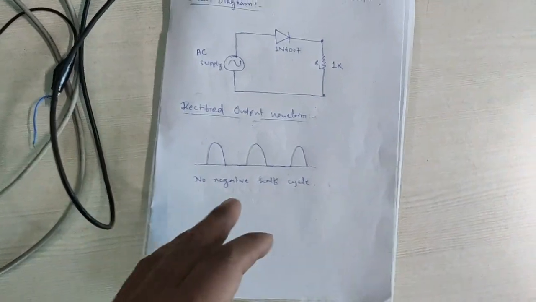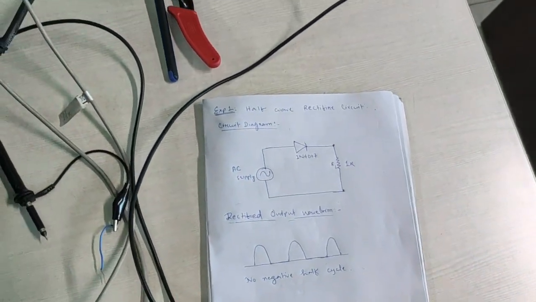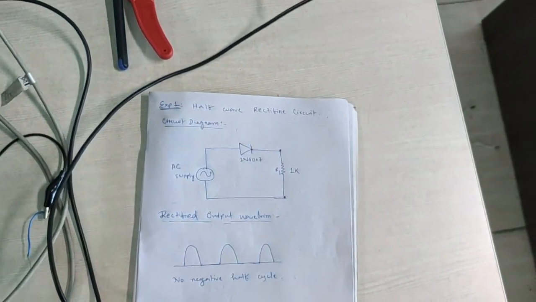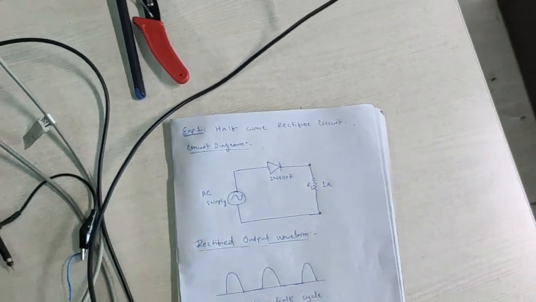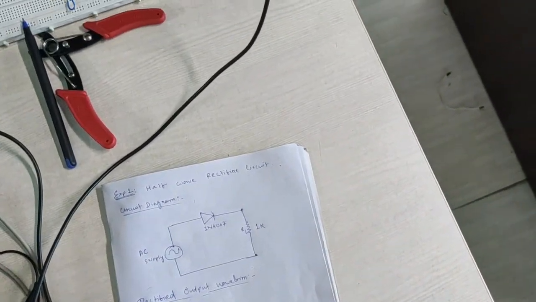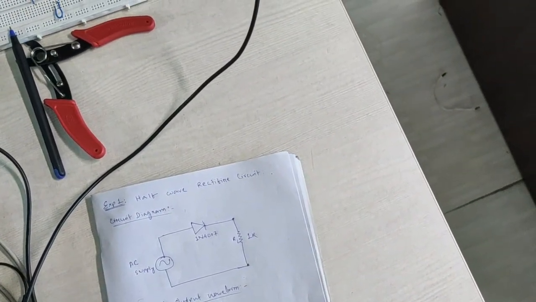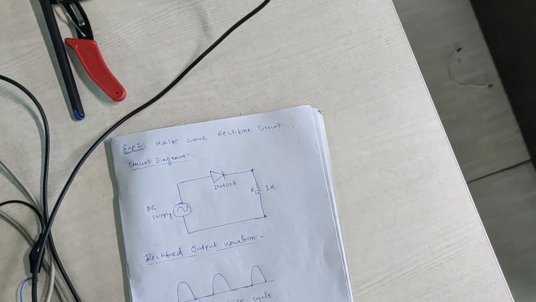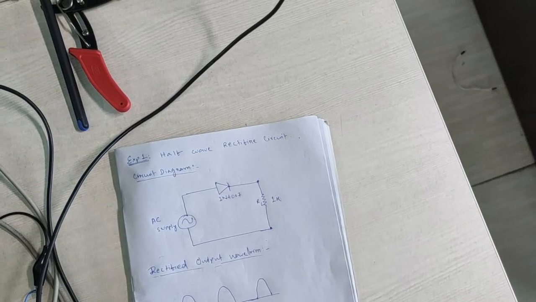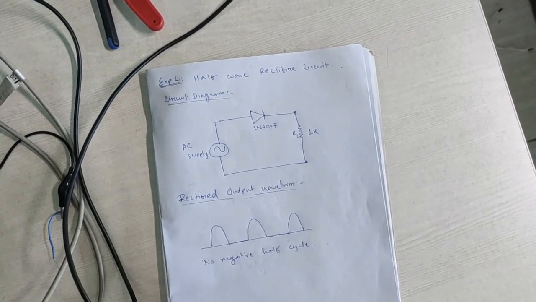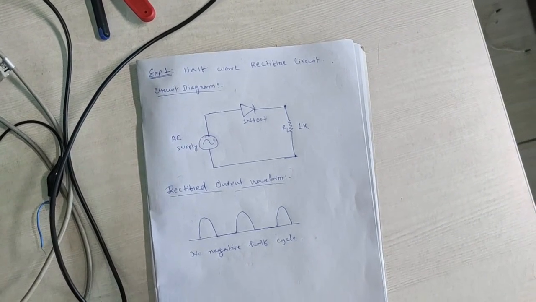And then you have to write the theory part of the half wave rectifier circuit, the working of this circuit, then the advantages, disadvantages, and some characteristics of the half wave rectifier circuit, like ripple factor, form factor, and rectifier efficiency. So all those things you have to write in the theory part.